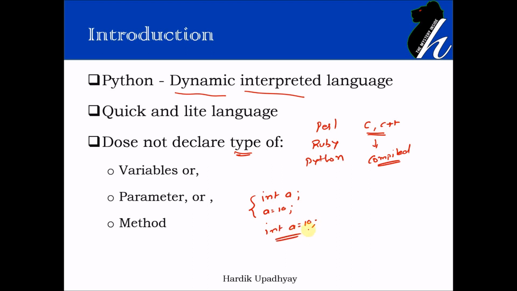So this is an example of C programming language. If you want to declare a variable in Python, you can simply type it this way, no semicolon at all, a = 10. On the basis of the value that you are assigning, the type would be identified. So you do not declare the type of a variable.